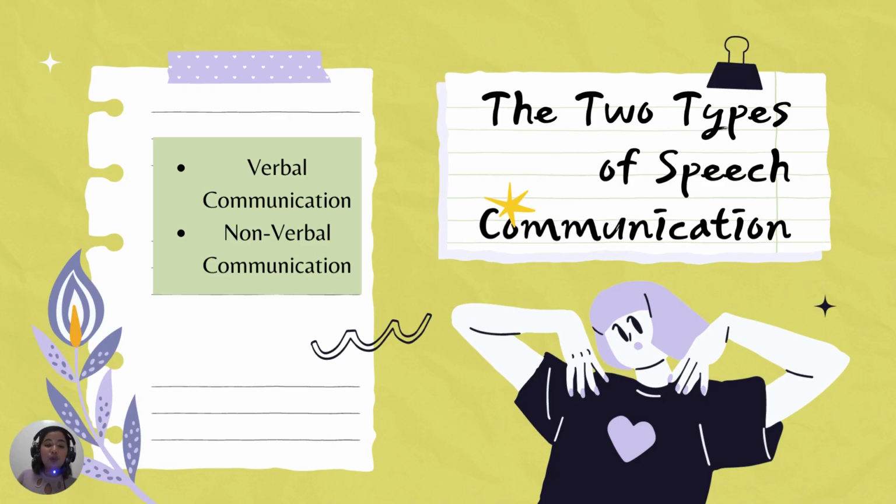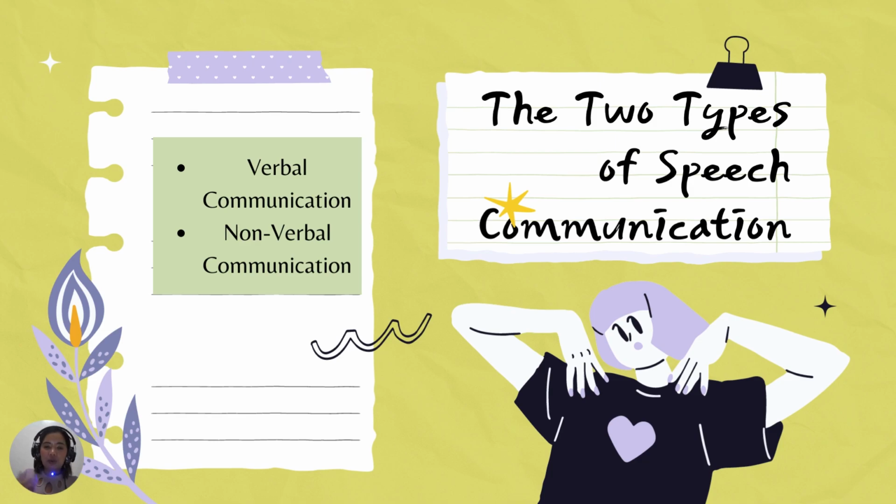So let's move on. We do have two types of communication, and those are verbal communication and nonverbal communication. I know you know what you mean by verbal and nonverbal using what you have learned in speech and oral communication, but we still need to define those things so that it will really help you to remember it.